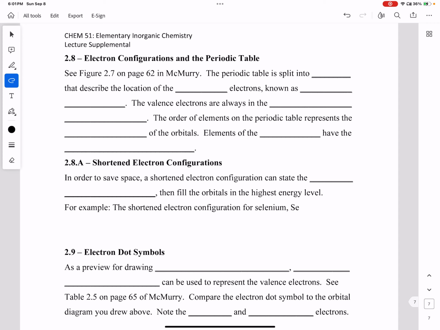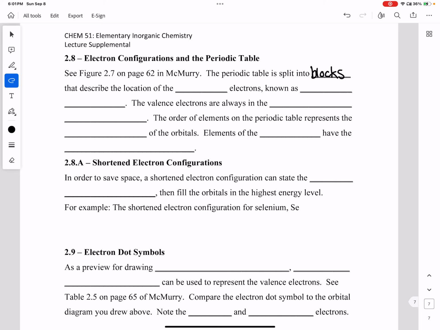So let's look on page 62 in McMurray and see figure 2.7. And you'll see that the periodic table is split into blocks. You'll see the S block in the first two columns, the D block in the transition metal valley, the P block of the nonmetals.